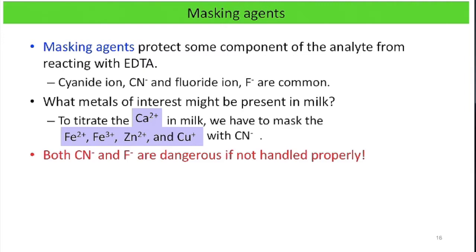So we do things like adding masking agents, or we use a specific pH. Okay, so just using EDTA itself is not going to give us a concentration of a single metal cation. We have to make sure that the conditions are correct for the EDTA to react with the metal, and we have to make sure that other metals that will also react with EDTA are made unavailable by using a masking agent.